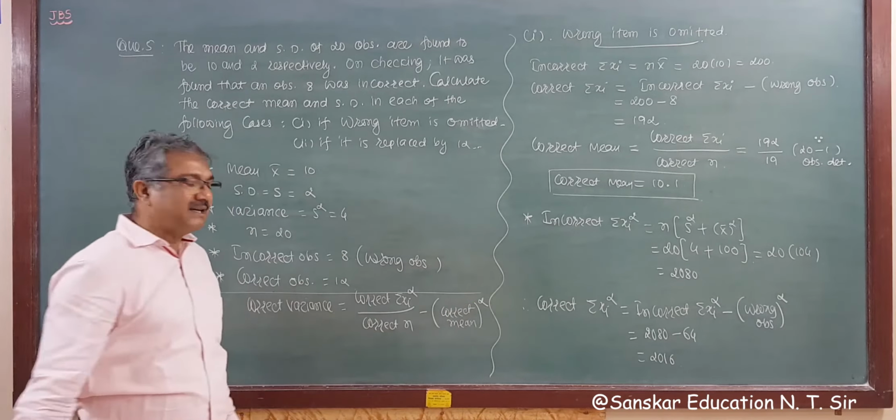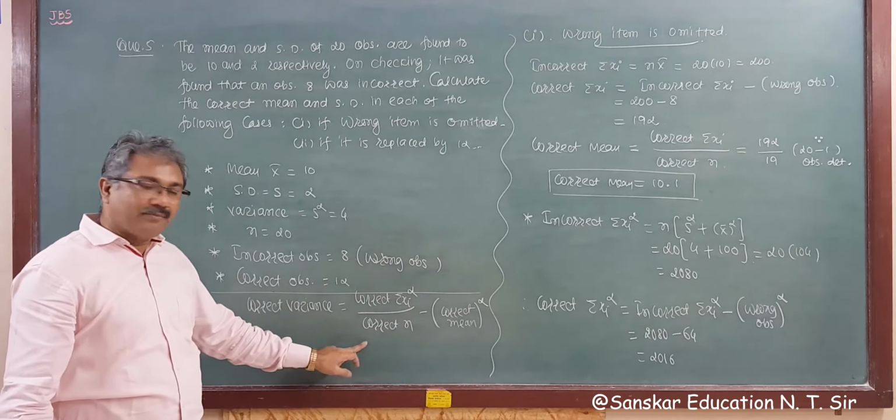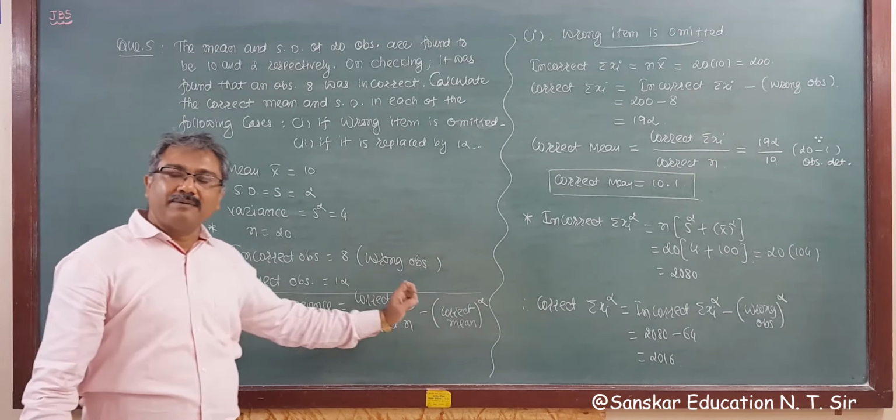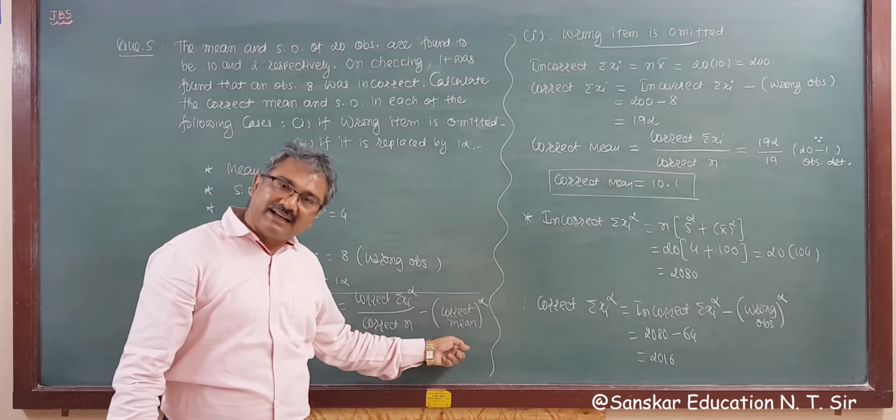This is the formula, sigma xi square upon n minus x bar whole square, but we are writing correct values here.